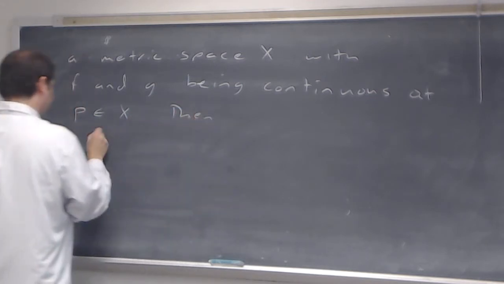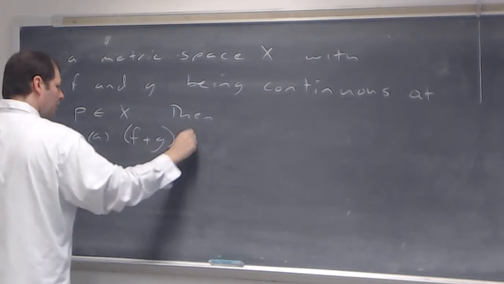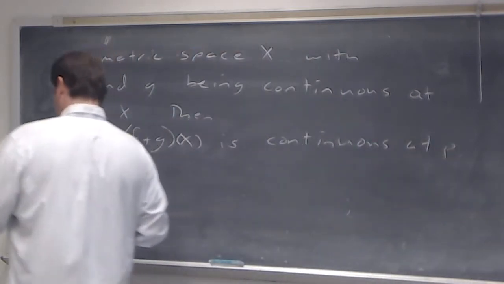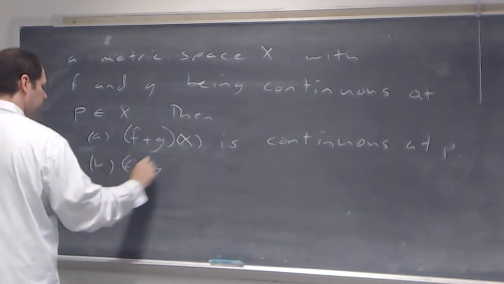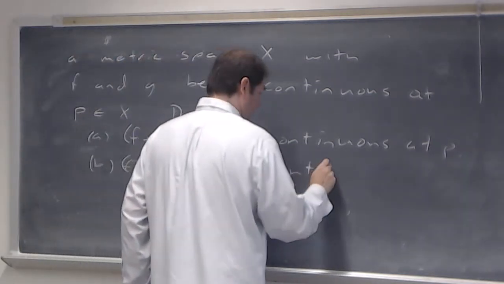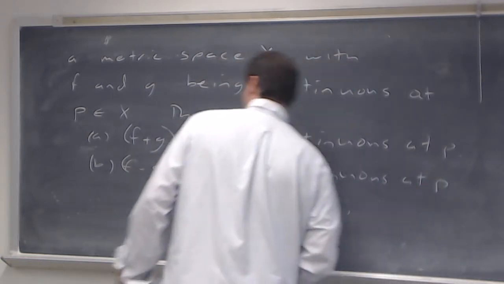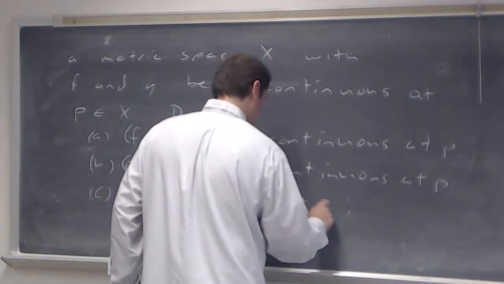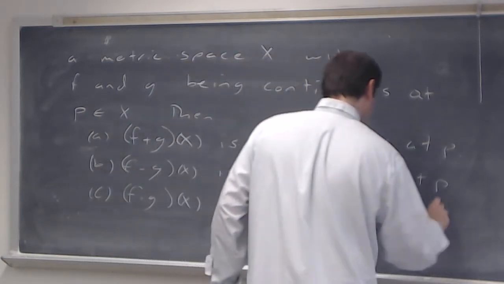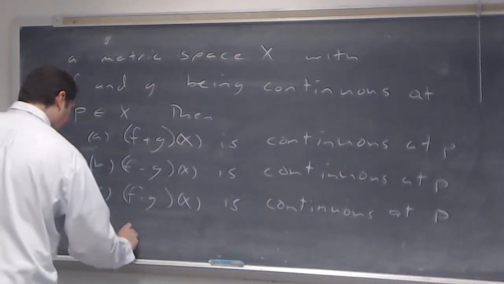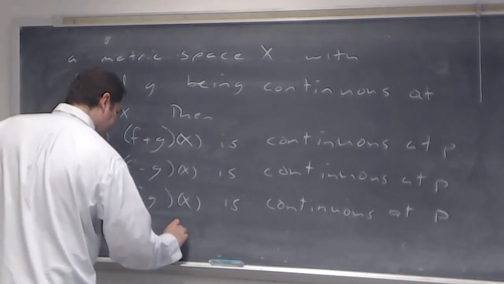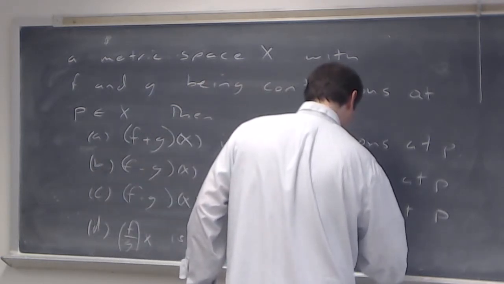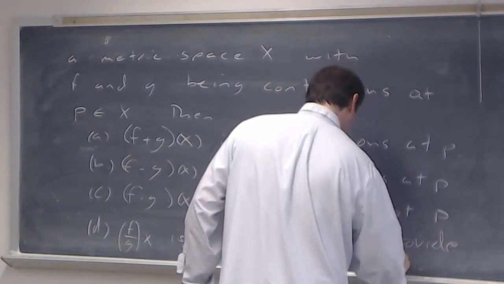Then, part A is that f plus g is continuous at P. And part B, f minus g is continuous at P. Part C, f times g is continuous at P. Part D, f divided by g is continuous at P, and that's provided one thing: g of P is different from 0.